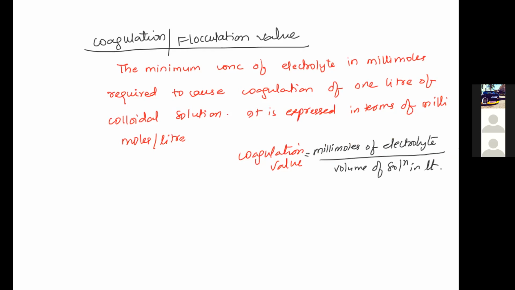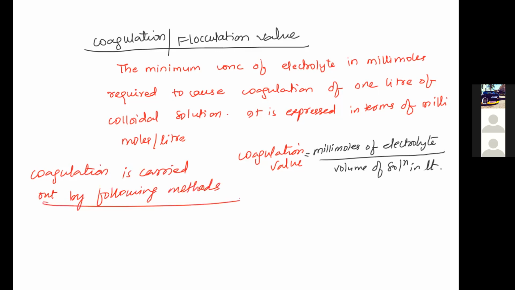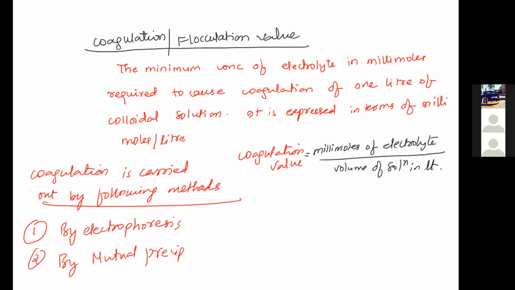See, coagulation will be carried out in several methods. Coagulation is carried out first by electrophoresis, that you already know. Second, by mutual precipitation. What is mutual precipitation?